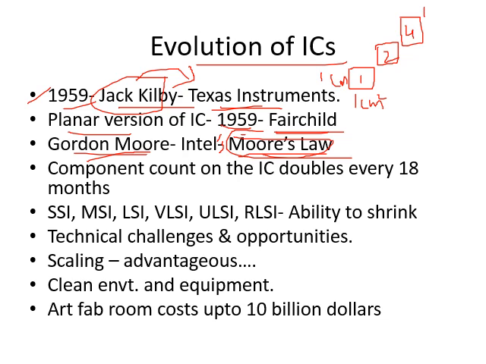Next, after 18 months, eight transistors. So the number of components on the same IC goes on doubling every 18 months. This was the prediction of Gordon Moore, and fortunately it is being validated. It is true to date.